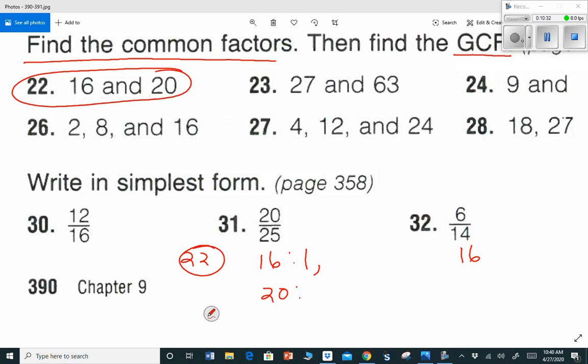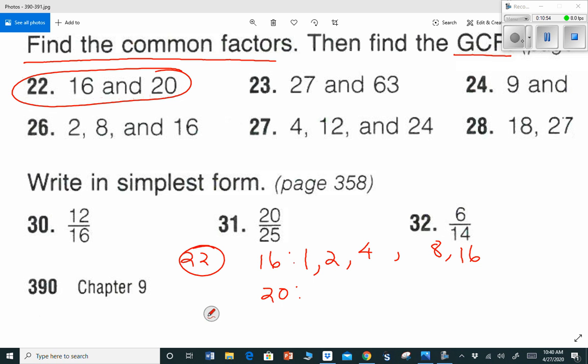Does 2 work? Yes, it does. 2 times 8. Does 3 work? No, there's no multiplication fact that's 3 times something equals 16. So you move to 4. Does 4 work? Yes, 4 times 4 is 16. If you happen to get to a double, 4 times 4, then you're done. Okay.